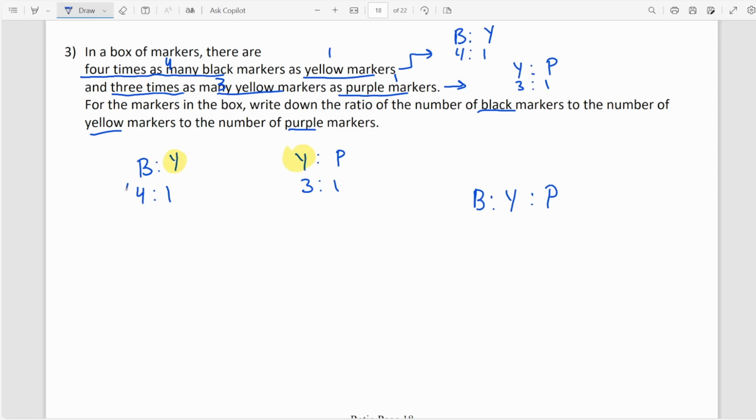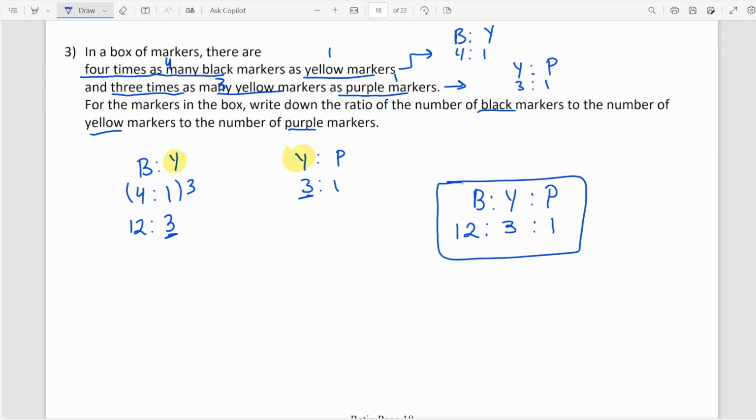So you can just go ahead and multiply only this side by 3. It will become 12 and 3. So now I have the common part. So now the final ratio will be black as 12 and yellow as 3 and purple as 1. This is the final answer.